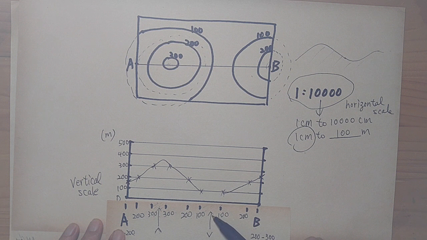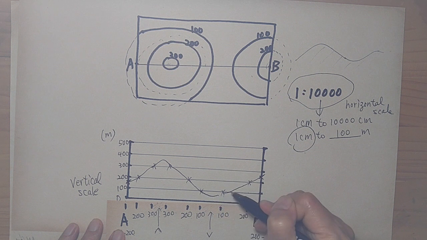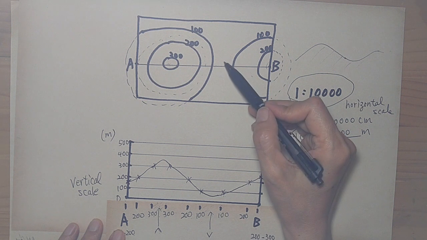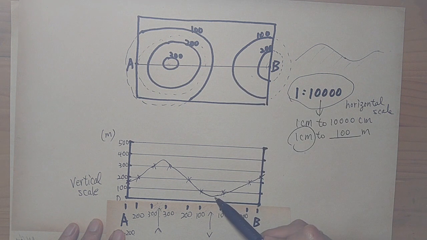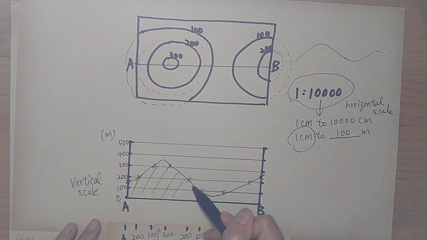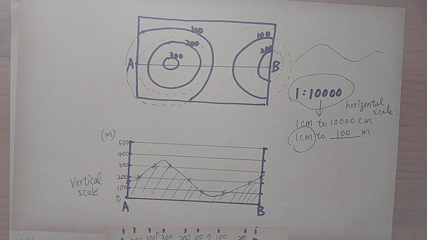And this one is below 100 here. Something like this. Don't draw up to 0 because there's no line showing 0 here, okay? So you just say it's in between 0 and 100 for the value. And here, we just finished the cross section. So you just shape it, and then this is the cross section of AB.